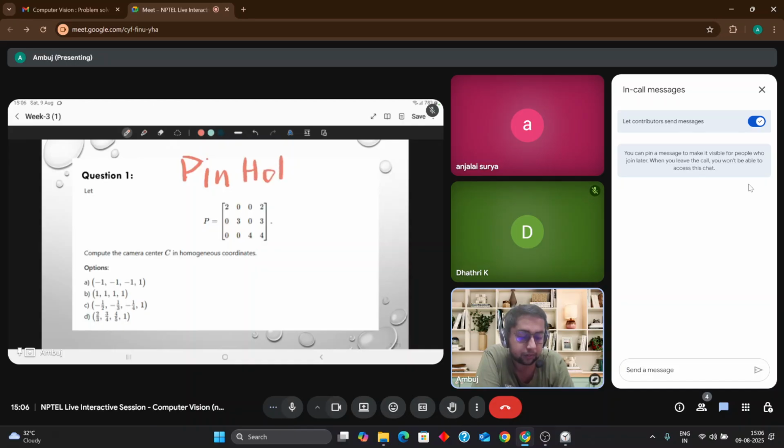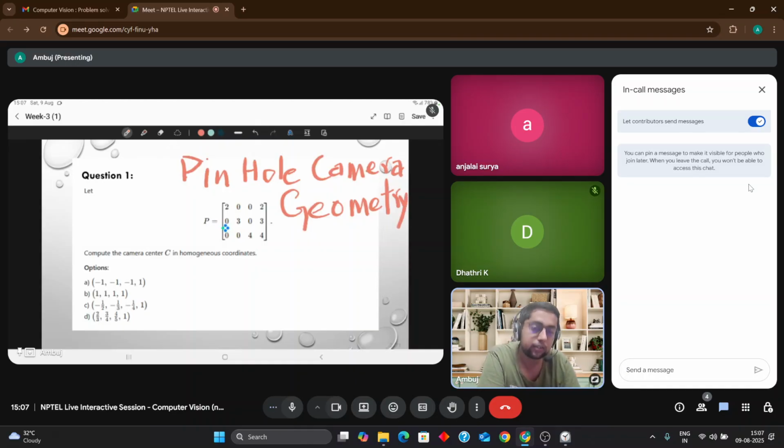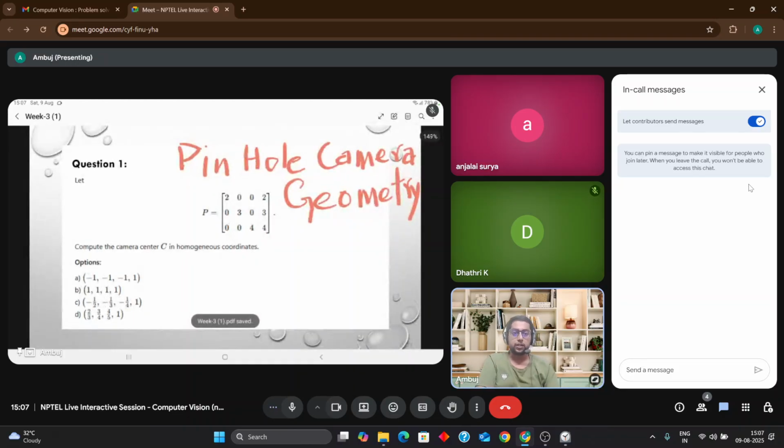Pinhole camera geometry. This is the very basic of this concept, that you need to find out the exact center of the camera. So this is very basic regarding pinhole camera geometry.